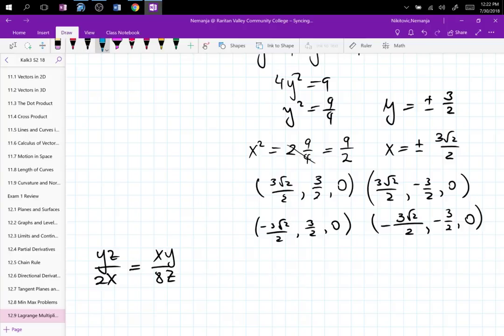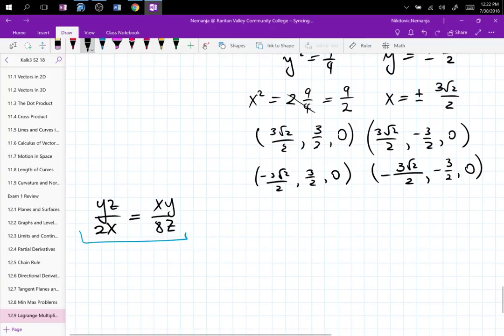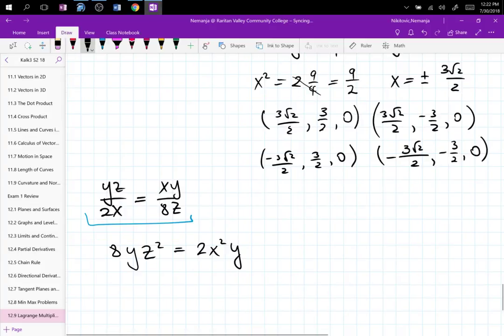And that's the blue pairing. And now we do the same thing. So when we cross multiply over here, we get 8yz squared is equal to 2x squared y. The 8 and a 2 will cancel, and we'll get a 4 instead.